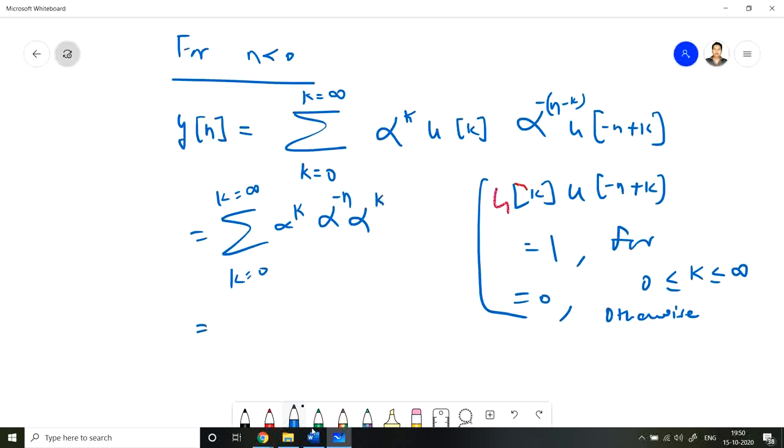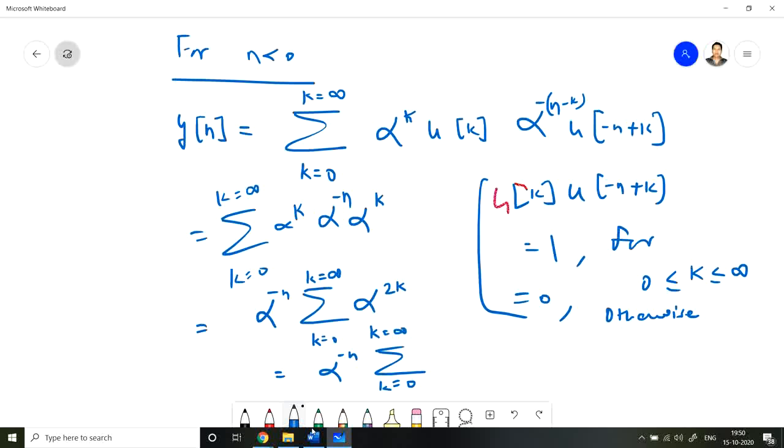This alpha raised to the power minus n we can put outside because it is an independent quantity. So it is the summation from k equals 0 to infinity of alpha raised to the power 2k. So we can write it as alpha raised to the power minus n, summation k equals 0 to infinity of alpha square raised to the power k.